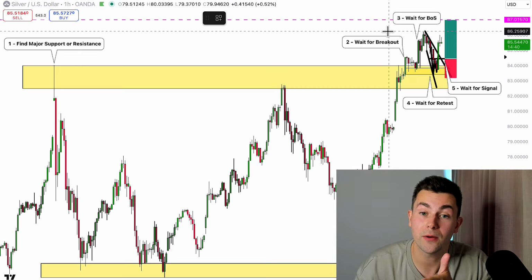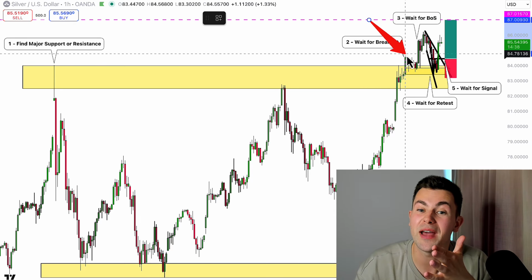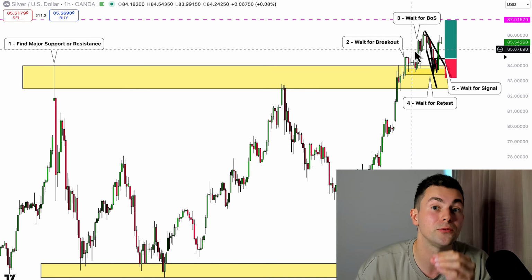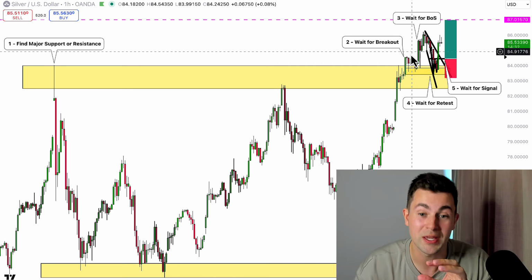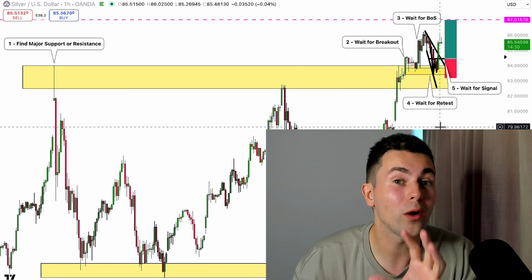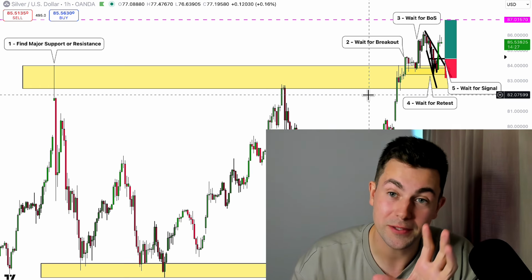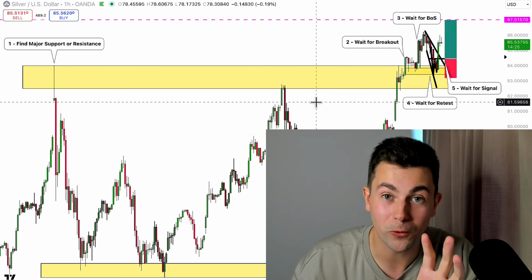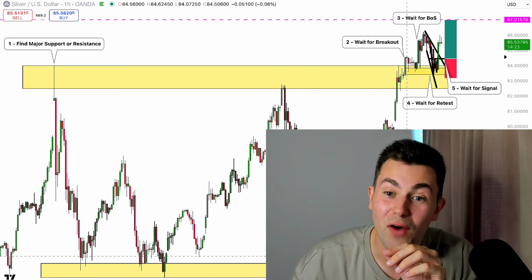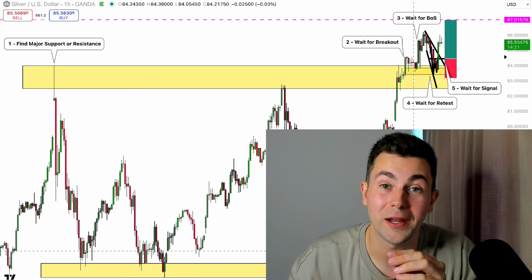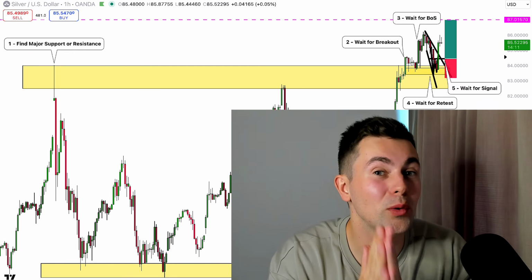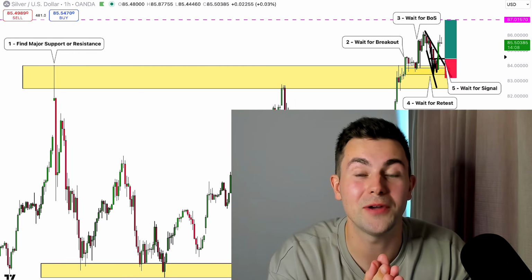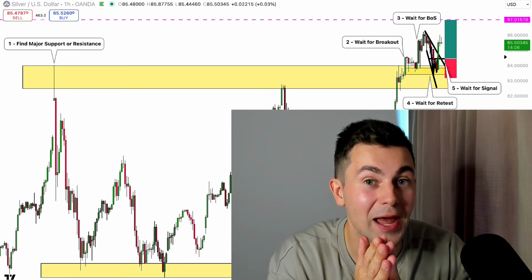To confirm a breakout, simply look for an occurrence of a break of structure after a retest of your broken support or resistance. Then look for one more retest of the broken support or resistance. And finally, look for a signal. Look for a price action or candlestick signal. That will be your best and simplest strategy to trade supports and resistances.